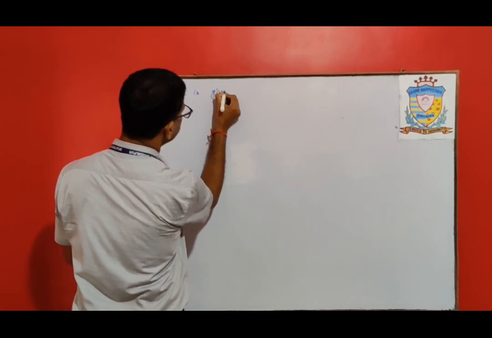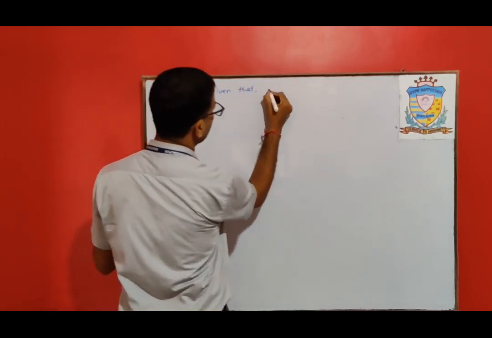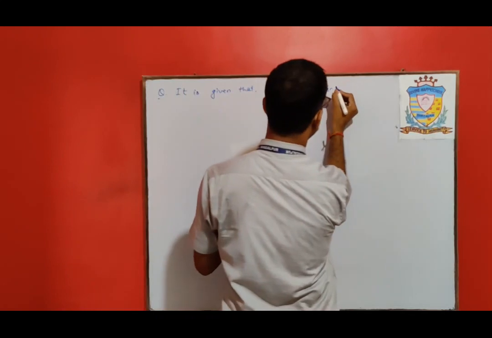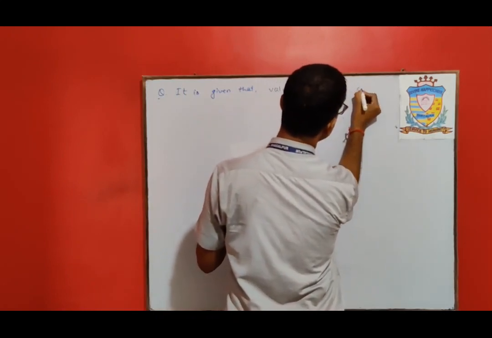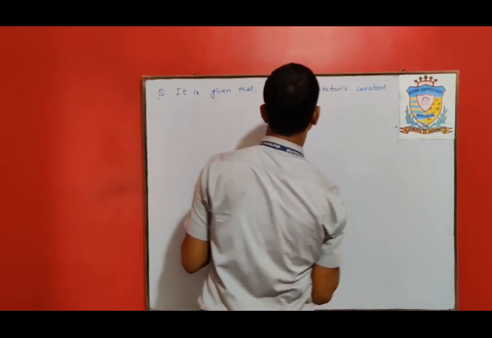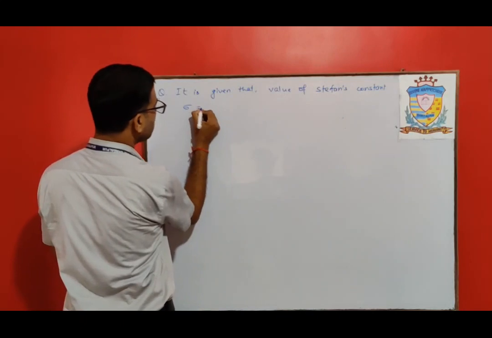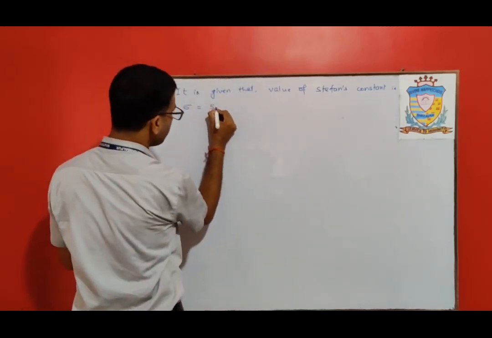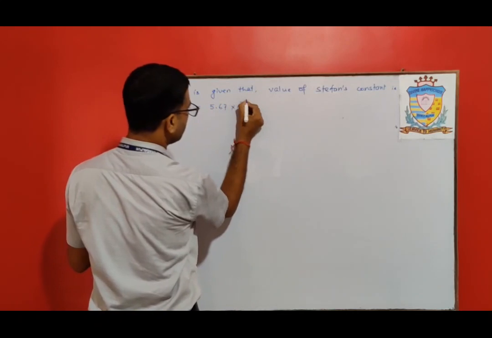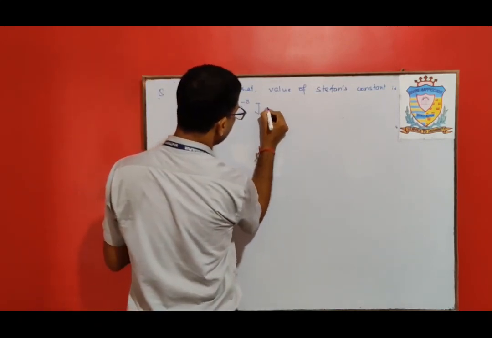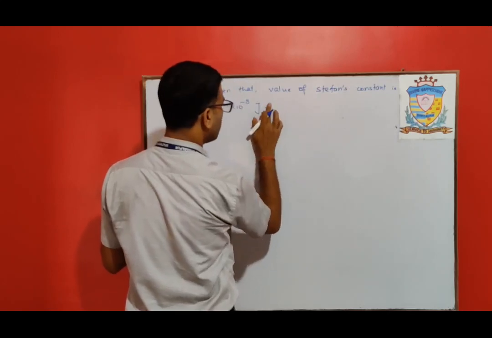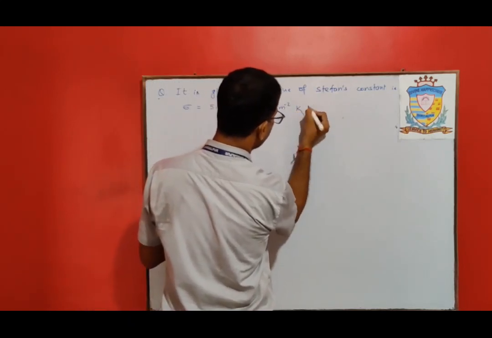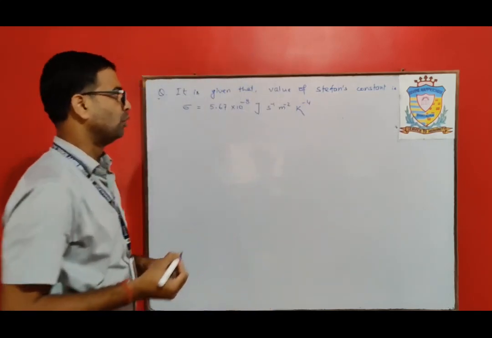It is given that the value of Stefan's constant sigma is equal to 5.67 into 10 to the power minus 8 joule per second per meter square per Kelvin to the power 4.